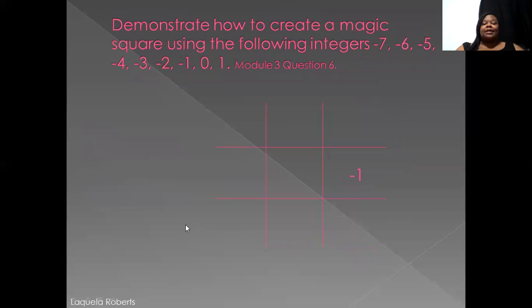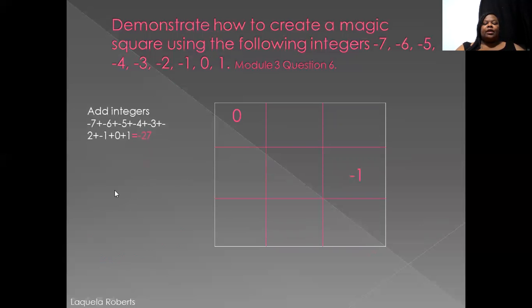Demonstrate how to create a magic square using the following integers: -7, -6, -5, -4, -3, -2, -1, 0, and also 1. As you see in our table, 0 and -1 were given to us. We add our integers: -7 plus -6 plus -5 plus -4 plus -3 plus -2 plus -1 plus 0 plus 1 equals -27.